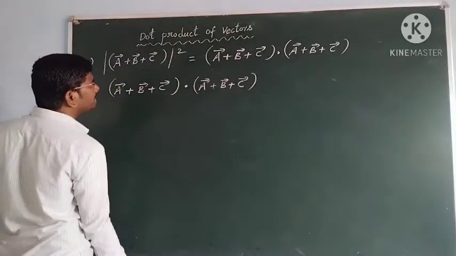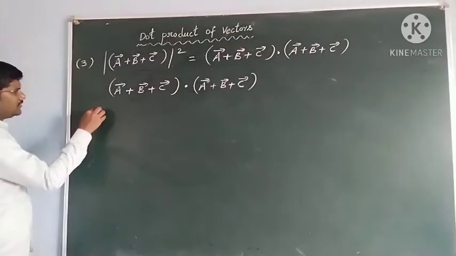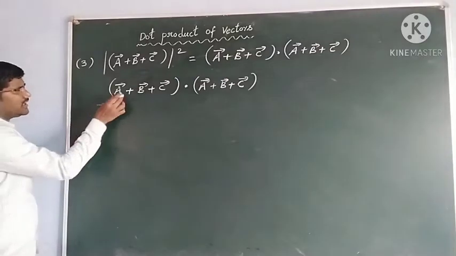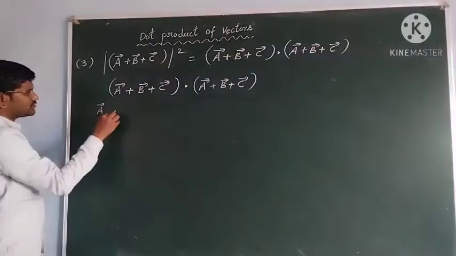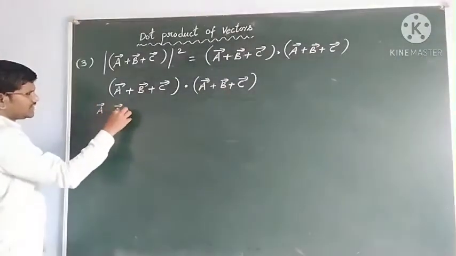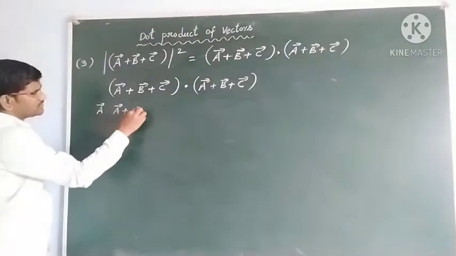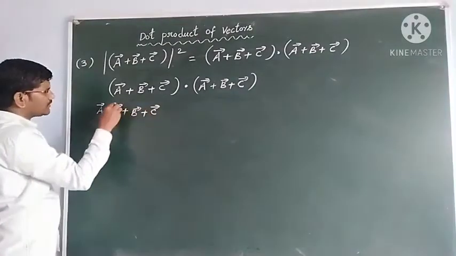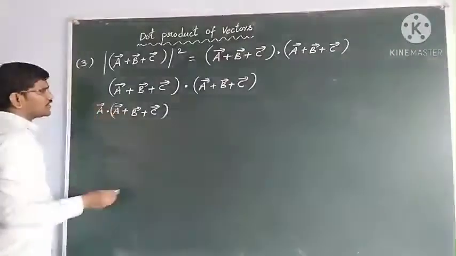Okay, now with the a bar you multiply the entire equation, that is a bar plus b bar plus c bar, so dot.